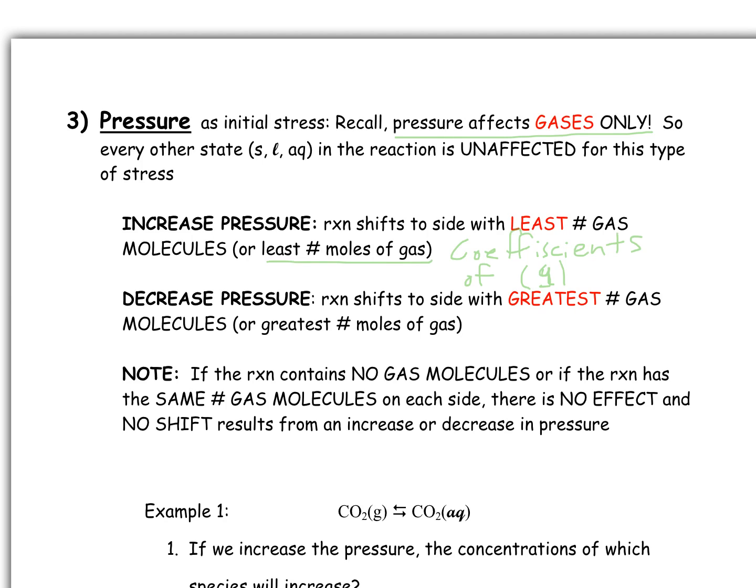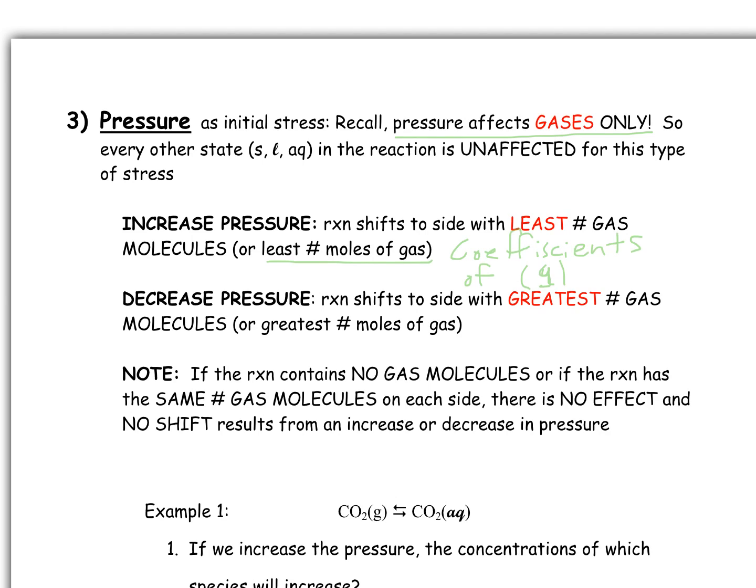If I increase the pressure on gas molecules, I'm going to push them closer and closer to one another. They'll collide more often. The reaction will occur to go away from wherever they are. If they're colliding, they're creating the reaction to go away from their side of the equation. If we decrease the pressure, we're spacing them out more. They're further and further apart from each other.